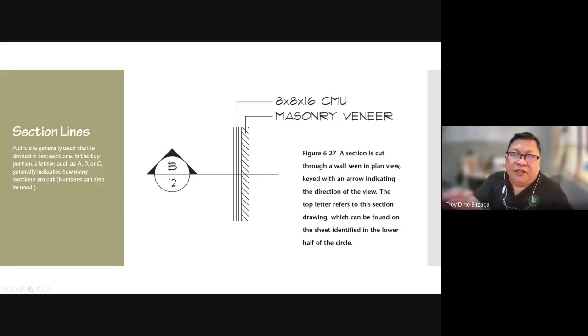For example, if you have 5 drawings in one sheet, each drawing is numbered accordingly: drawing number 1, 2, 3, 4, 5. So if the section on sheet number 12 is drawing number 4, it's 4 over 12. If I look for the section drawing of this, I go to sheet number 12 and look for drawing number 4. Okay, so I see the section drawing of this one.